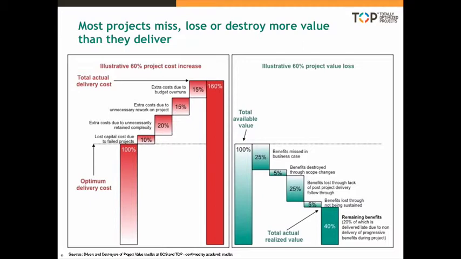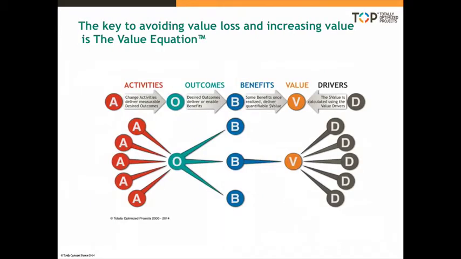And what this shows overall is that over a portfolio of projects, you can be spending 160% of costs to get 40% of the value. So your costs are going up by 60% and your value is going down by 60%. This is what we need to address. And we address it through the value equation.